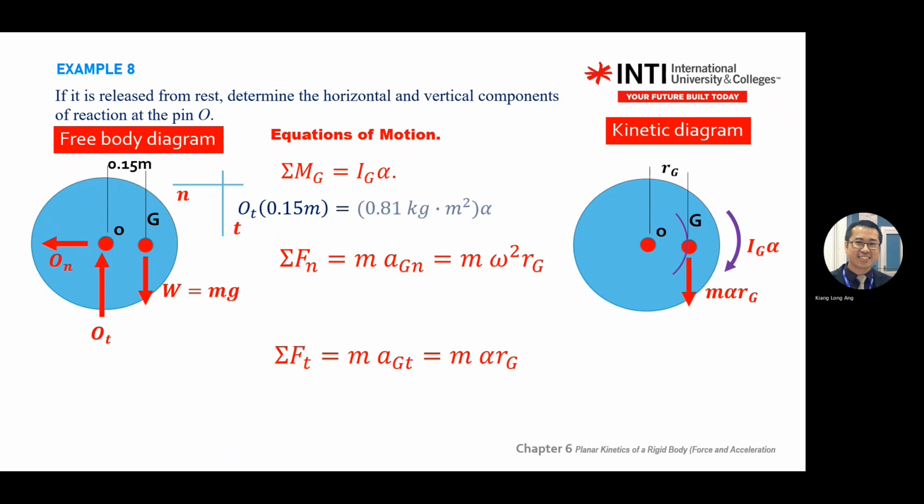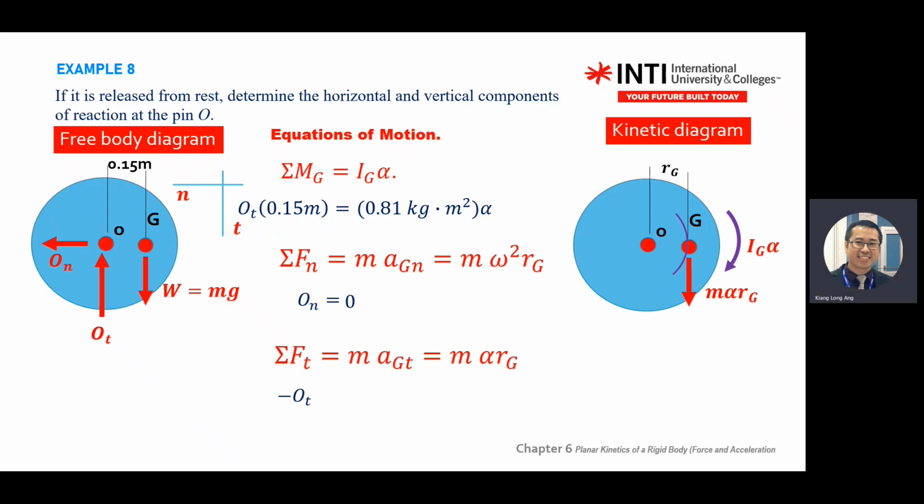Ig you define alpha. So Fn, normal direction, you have O. The rest don't have. So ma here, normal, you don't move anything, so 0 or omega 0.